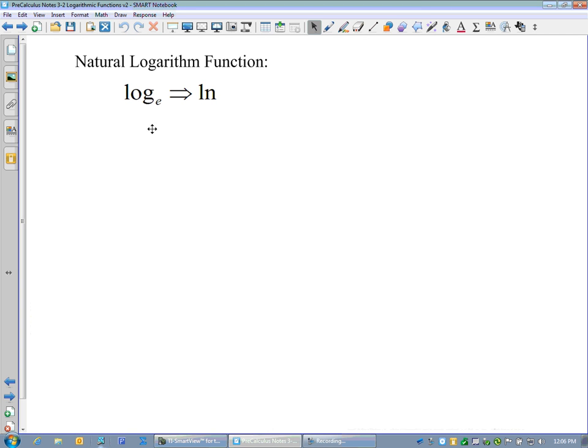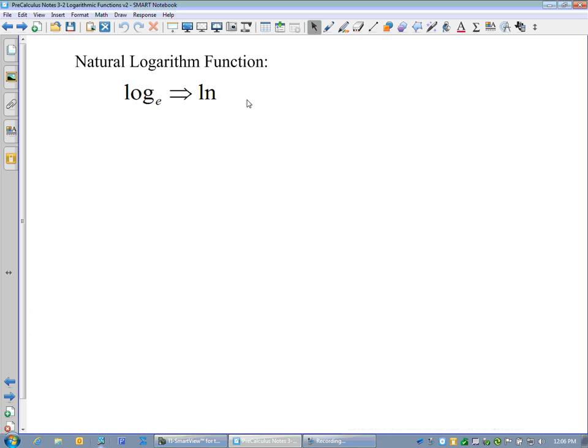Okay, if we look at some special notation, there are two logarithms that have a special notation for them. First is log base e. E was that special number we learned about in exponential functions, and log base e is used so much in higher mathematics that in order to shorten it, it's written as simply ln, which stands for natural log.